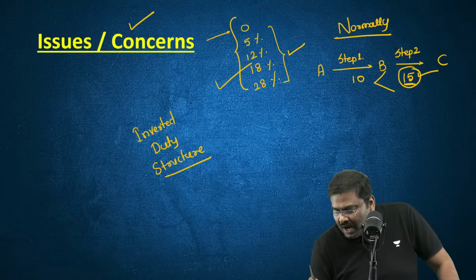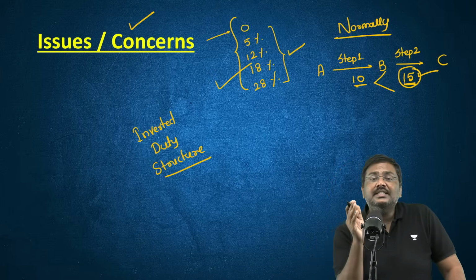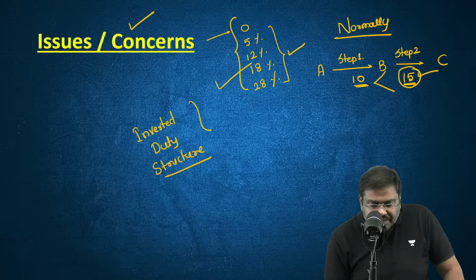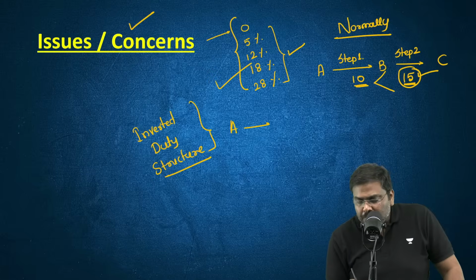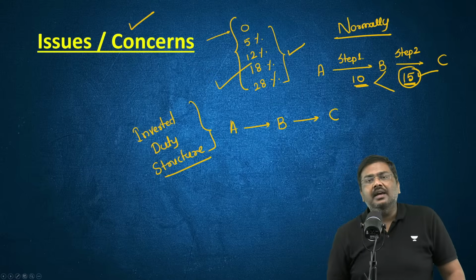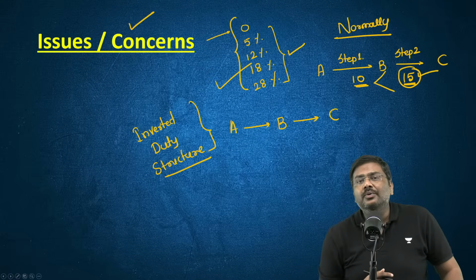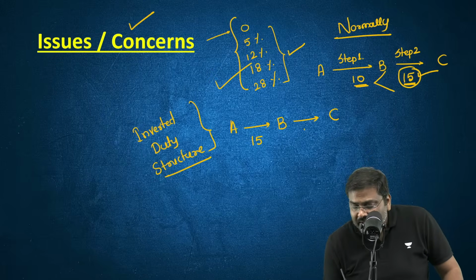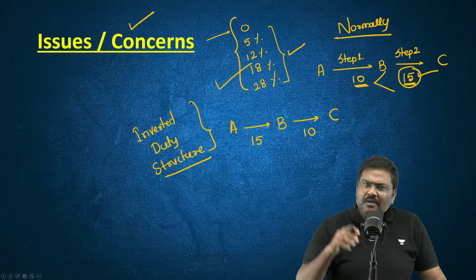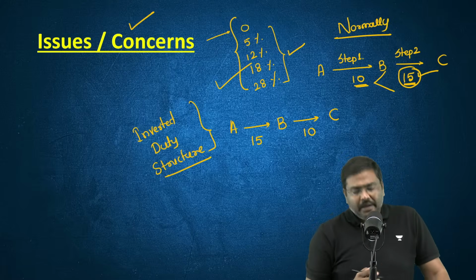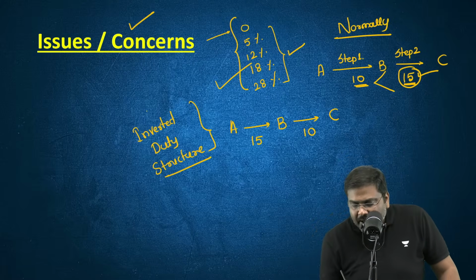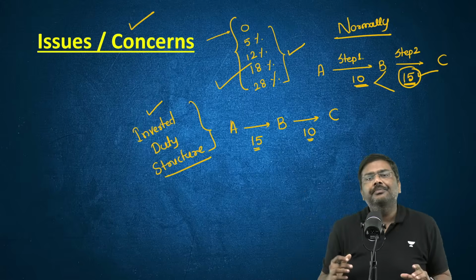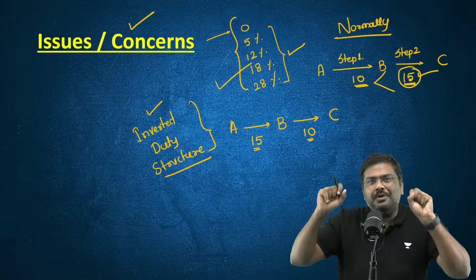But in case of inverted duty structure, A will sell it to B, B will sell it to C. What will happen in the inverted duty structure is that the taxes on the input will be greater than the taxes on the output. I will tell you how. Have patience.